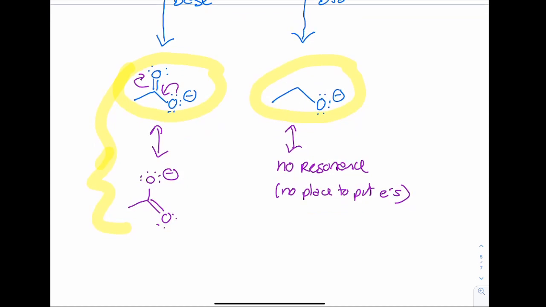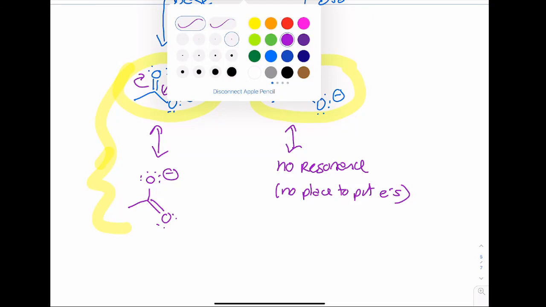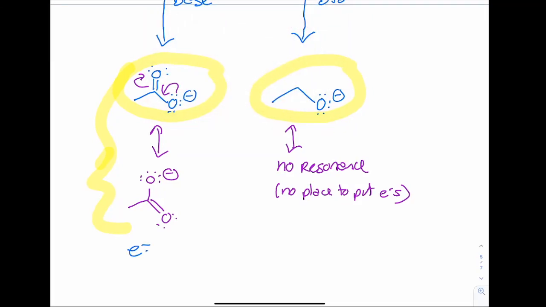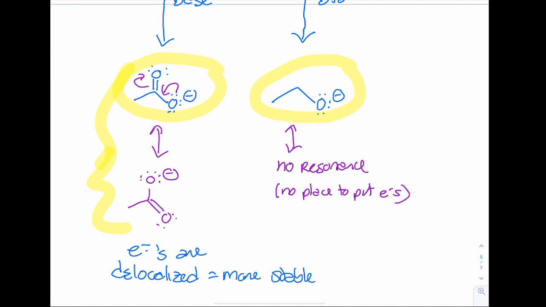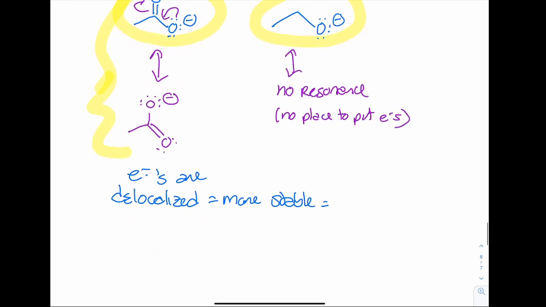Our electrons are delocalized. That means it's more stable, which means we're more likely to make it.